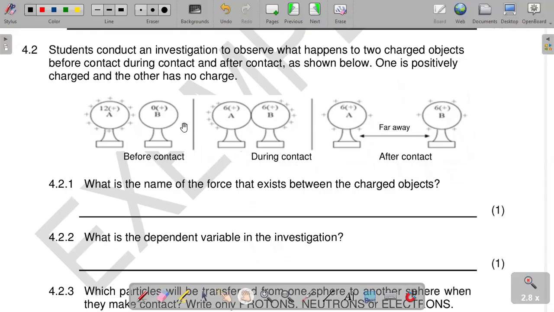So here, the answer is going to be electrostatic force, because they are charged objects.